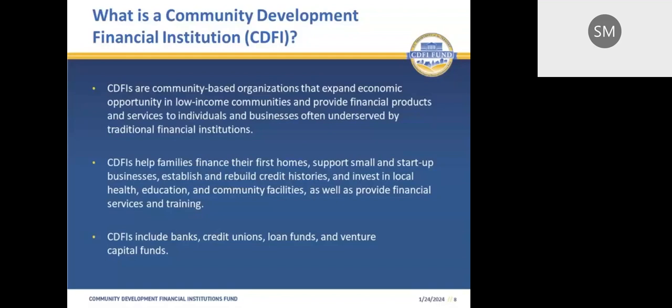They include banks, credit unions, loan funds, and venture capital funds, and they do all the things that most mainstream financial institutions do. They help families finance their first homes, support small and startup businesses, establish and rebuild credit histories, and invest in local health, education, and community facilities, as well as provide financial services and training.